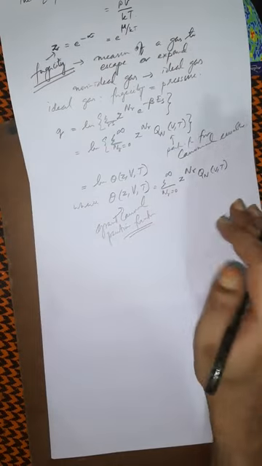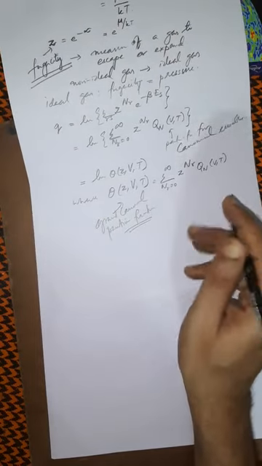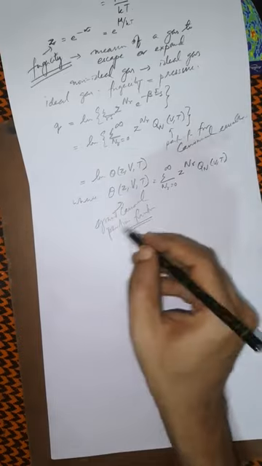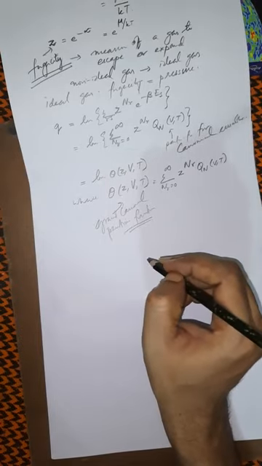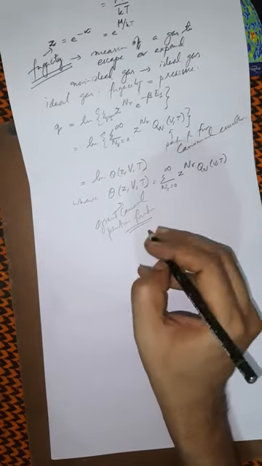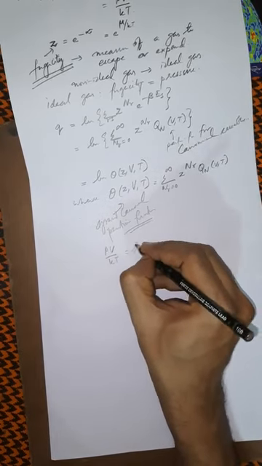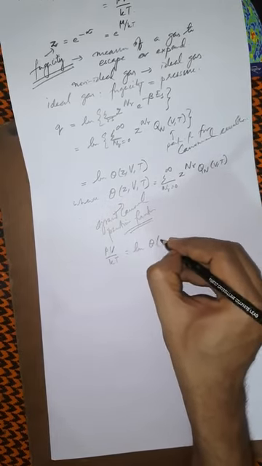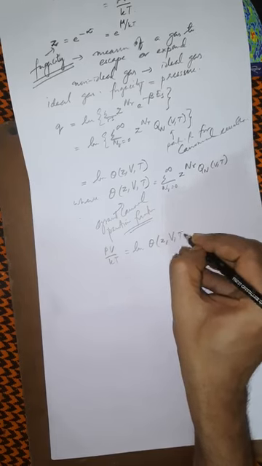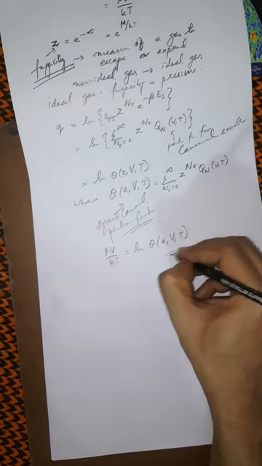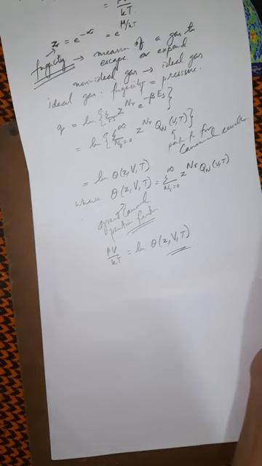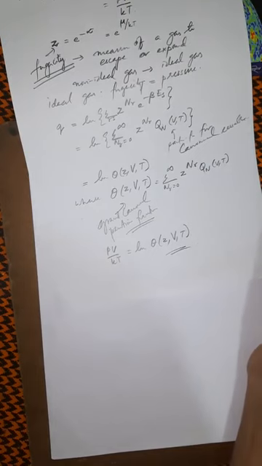Now we know that Q is equal to PV by KT, right? So here also I can write PV by KT is equal to ln of theta z v t. This is another thing we should note down.